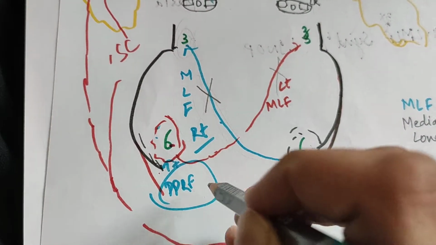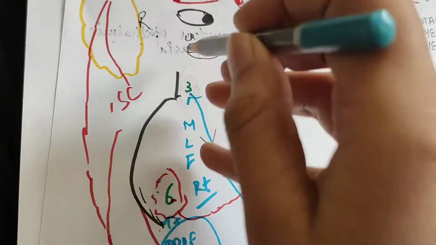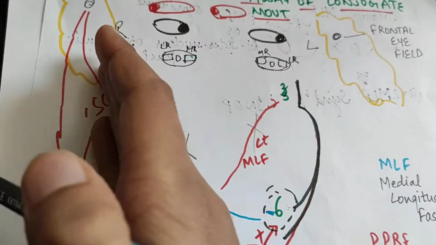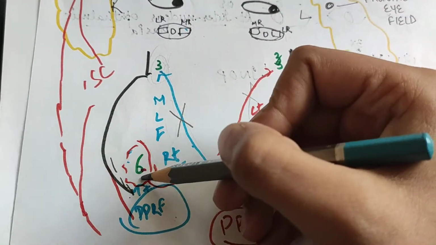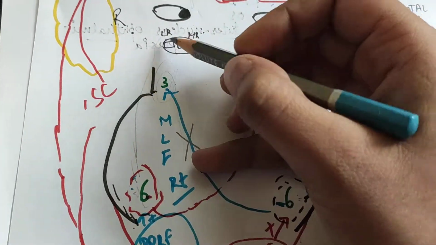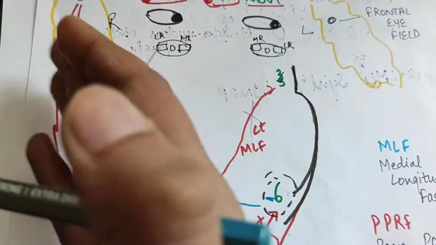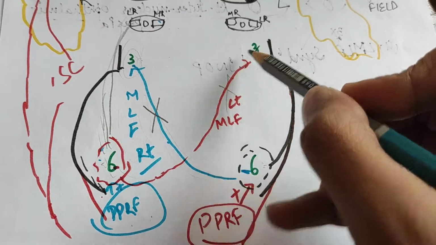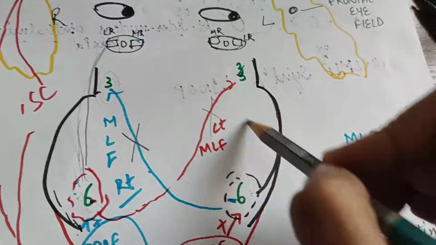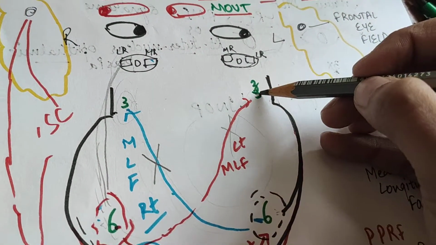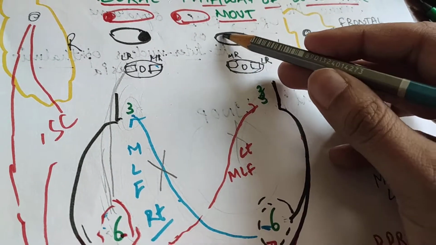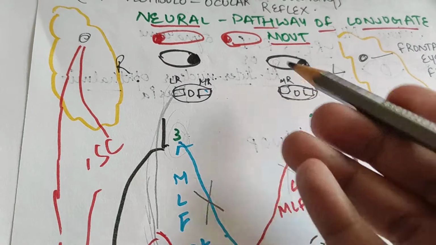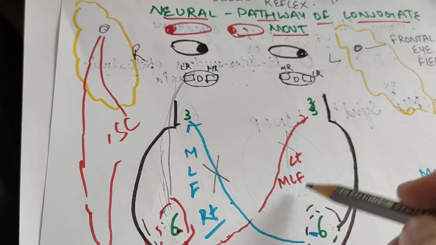So if this is activated, then the right eye lateral rectus will abduct, the sixth cranial nerve supplies the lateral rectus, so it will abduct. But it is not able to communicate with the contralateral third cranial nerve, as the left MLF is damaged. So through the third, its medial rectus won't work, so he will not be able to adduct his eye towards the left.